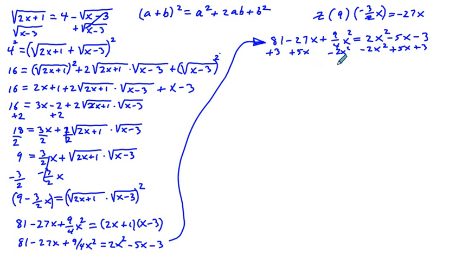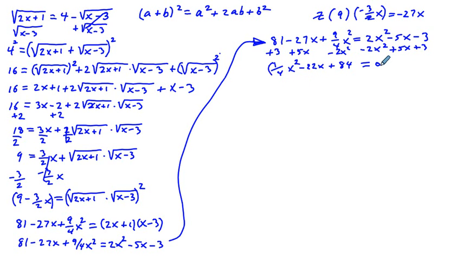And then on the right side we have now 0, and on the left side we have 9/4 x squared minus 2x squared is going to be 1/4 x squared, and negative 27x plus 5x is going to be negative 22x, and then we have 81 plus 3 is going to be plus 84. And now we have 1/4 x squared.